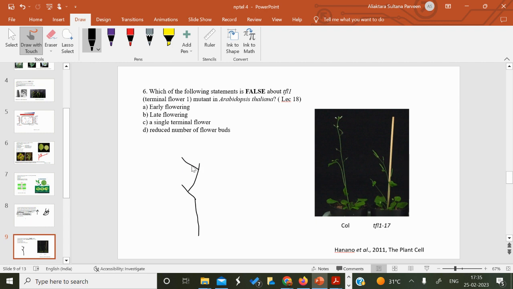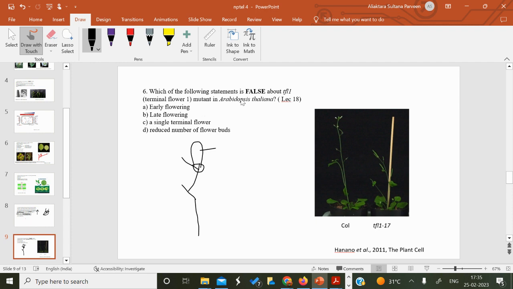If your meristem leads to the formation of a flower and terminates there, then the formation of further flowers becomes difficult. It should not terminate into a flower. Instead, the meristem should keep on dividing and give rise to new flowers.